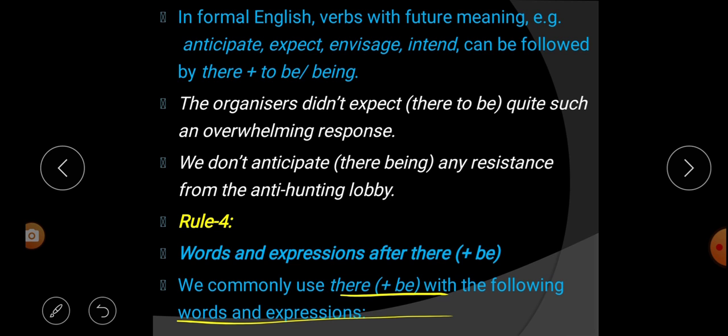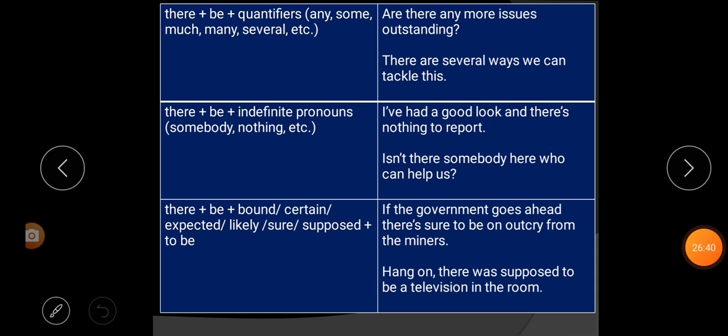That means introductory there plus be can be used with the following words and expressions that we will discuss from the following table. Let us go to the table.